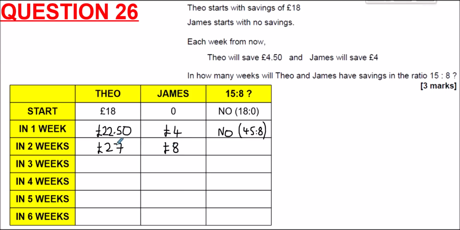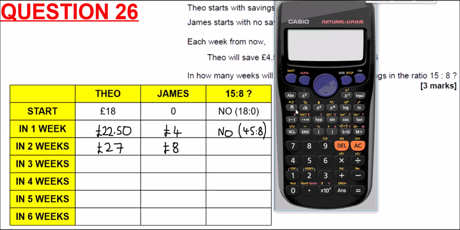So let's compare the ratio of 27 to 8. So again, on a calculator, if we put the small number on top, the big number on the bottom, that doesn't simplify. And so this ratio now is not 15 to 8, it's just still 27 to 8.